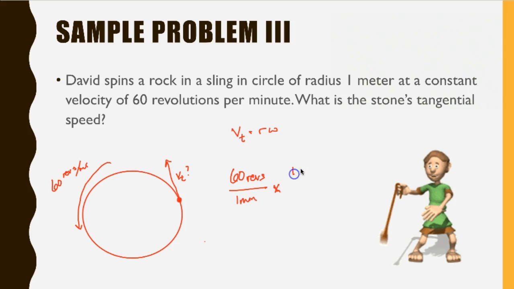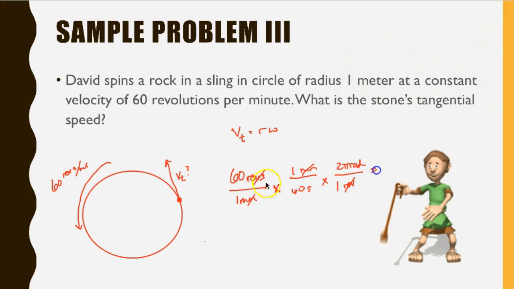In 1 minute, there are 60 seconds. So now I've gotten rid of my minute. Then I want to get rid of my revolutions. I know that 1 revolution is 2 pi radians, and notice that I'm now left with radians per second.